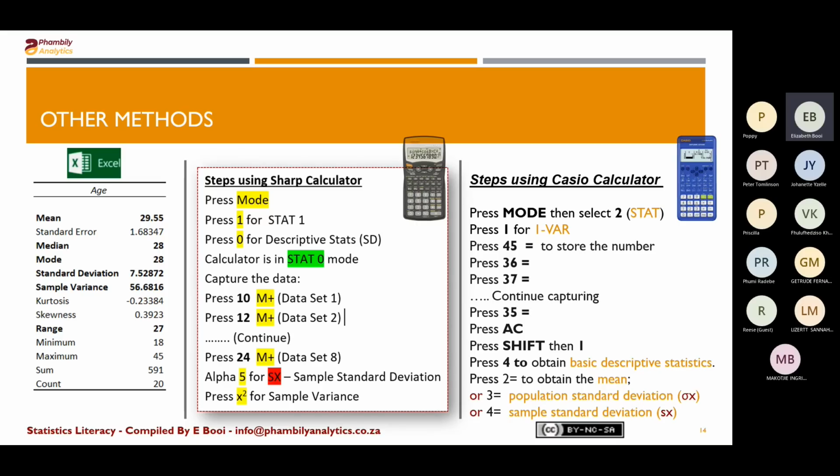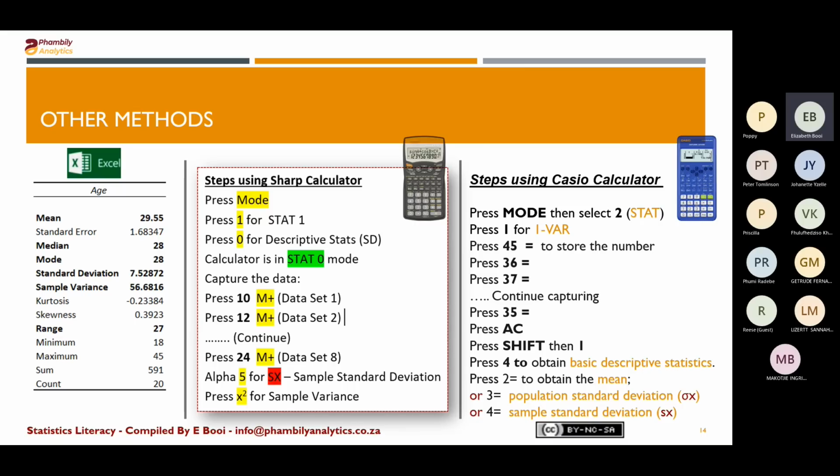But before we leave, there are many other simple ways of calculating everything that I just explained, right? The same data set, you can take it to Excel and calculate using the data panel. And on the data panel, there is a data analysis add-in that you need to add to calculate the descriptive analysis.